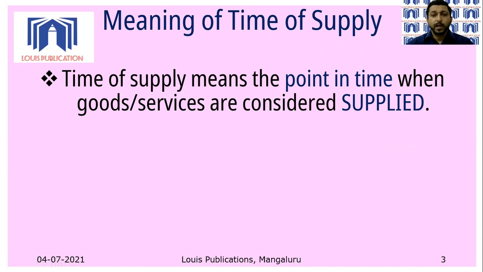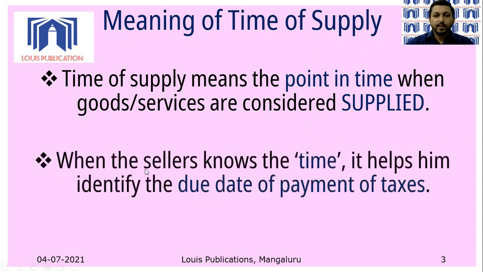Now the meaning of supply is a much bigger concept than just the meaning of sale. So time of supply means when can the supplier or the business person treat the goods or services as supplied or transferred. When the seller knows the time, it helps him to identify the due date of payment of taxes.